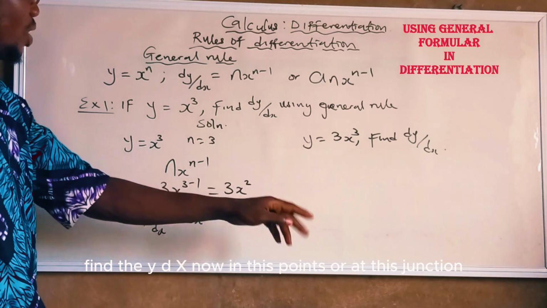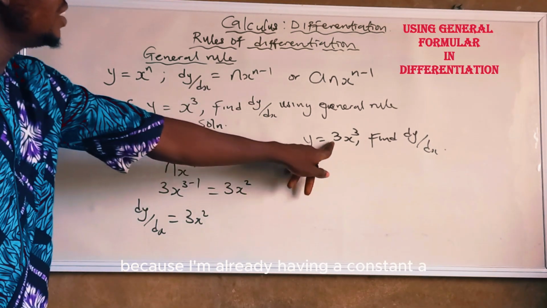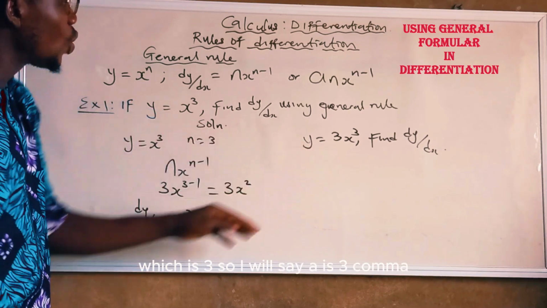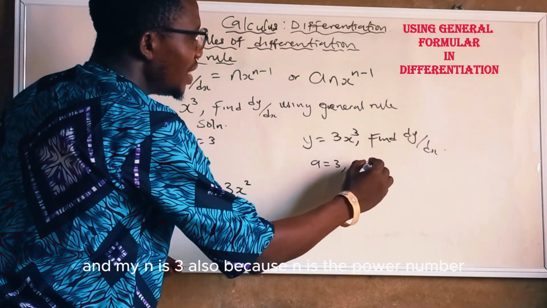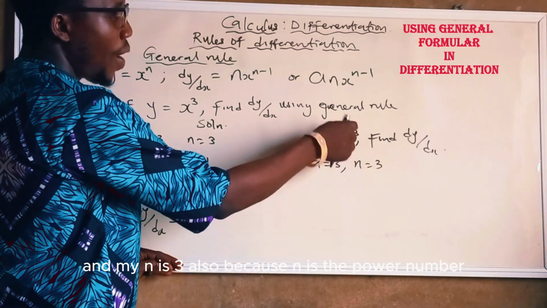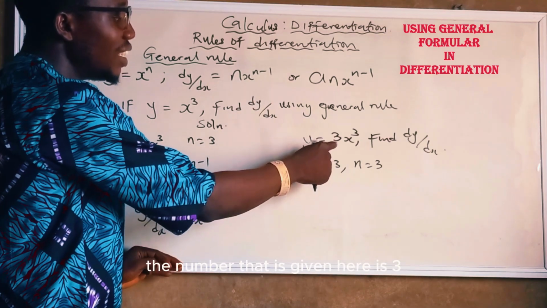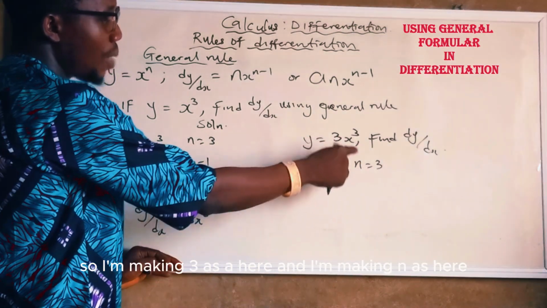At this junction, I can't use the first formula again because I already have a constant a, which is 3. So a is 3, and my n is 3 also, because n is the power number, while a is the constant number.